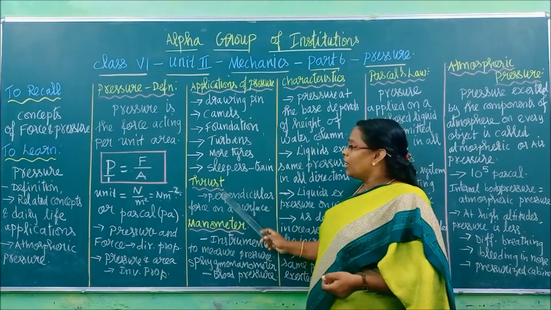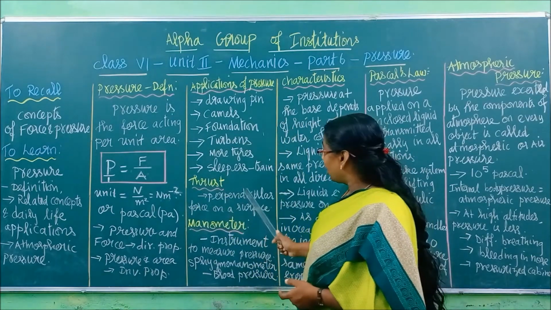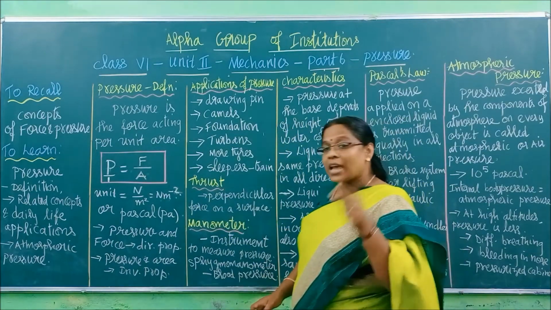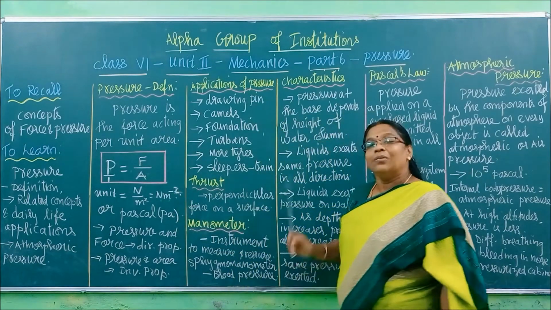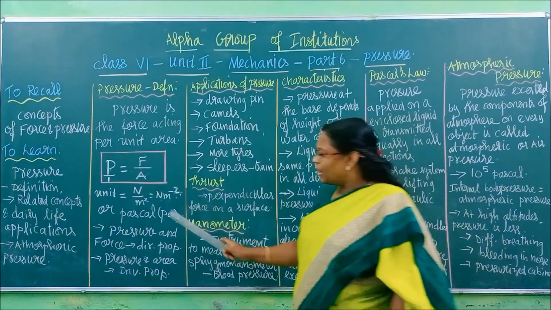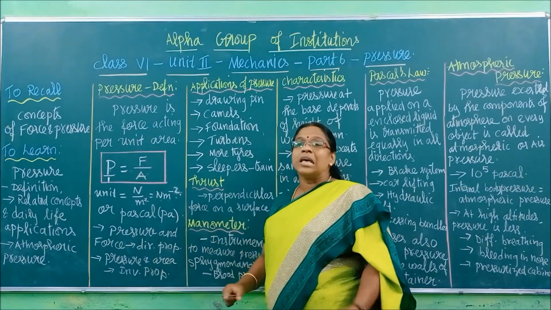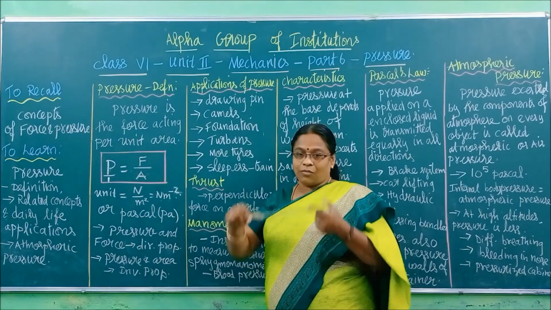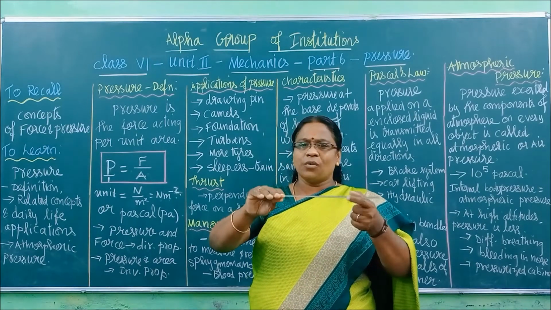Next one. Here I have told pressure is equal to force by area, children. Here there is one other word which can be used in the place of force, which is called thrust. What is that thrust? It is the perpendicular force. Generally pressure is force by area, but if that force acts perpendicular to the area, for example, if I apply force here, it is generally just force.